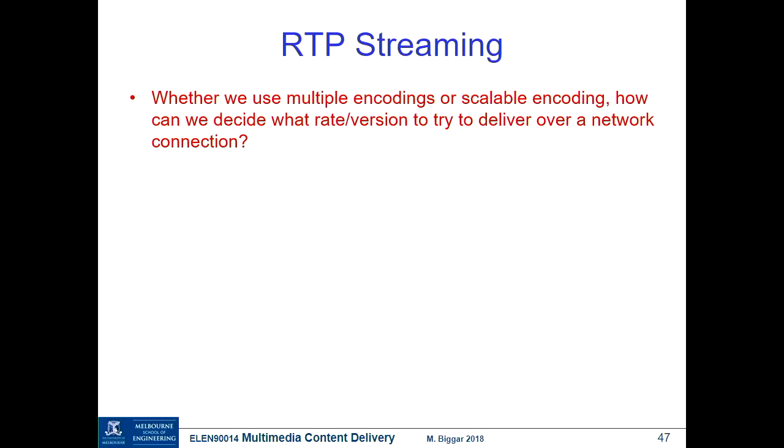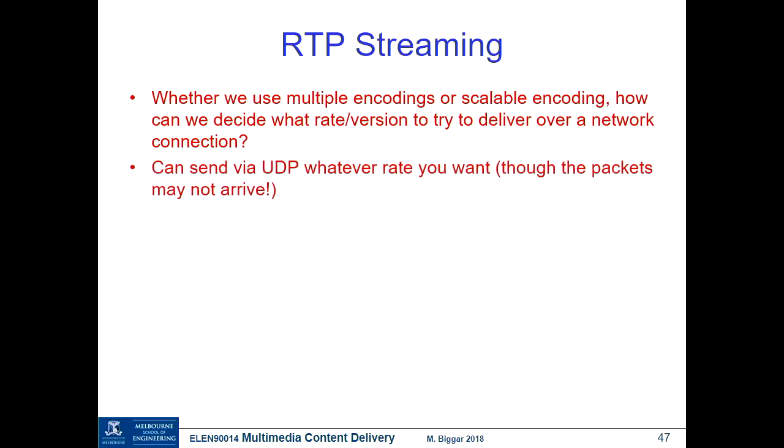And it will back off if it notices that there have been packet losses. No such mechanism exists in RTP because it's in UDP, because it's a one-way process. So we need to decide at what bitrate we can send in RTP.